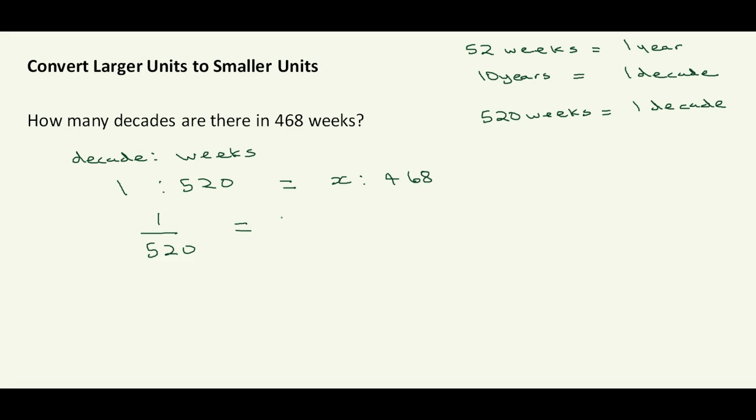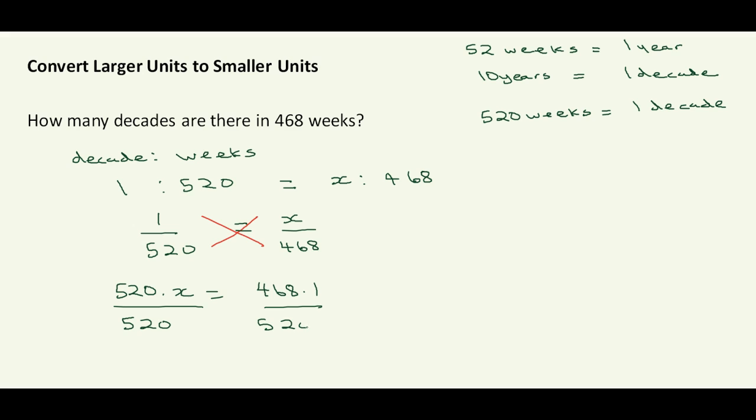Now let's create our fractional relationship. 1/520 equal to x over 468. So cross product, we have 520 multiplied by x is equal to 468 multiplied by 1. Now we divide both sides by 520. And we can cross this out. So this right here, we can start by reducing. This is going to be equal to 234 divided by 260.